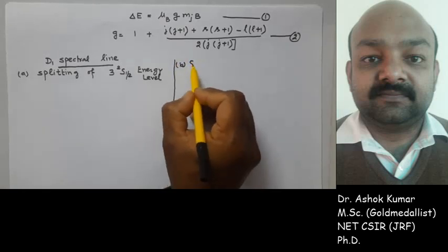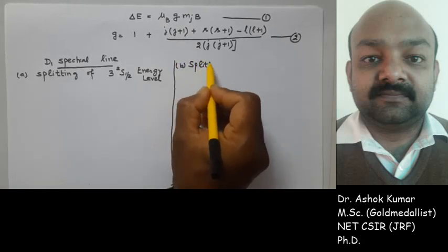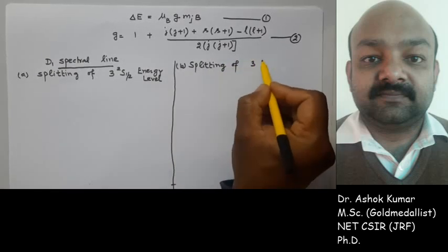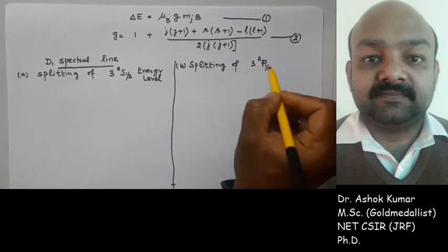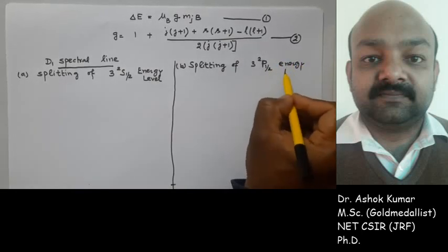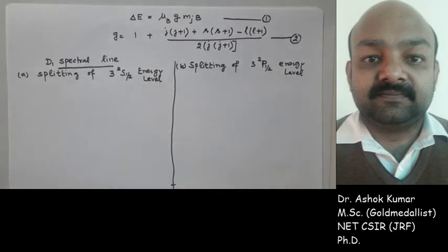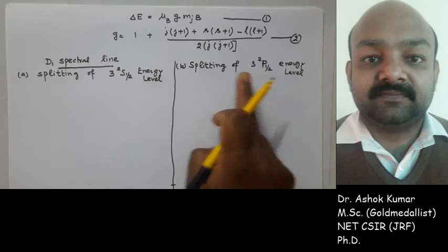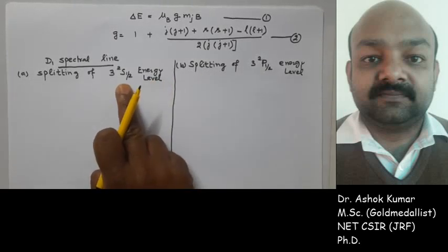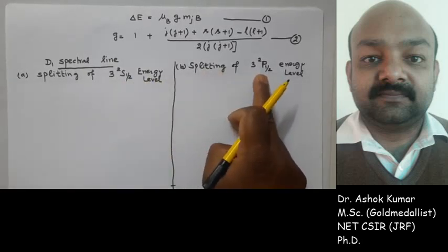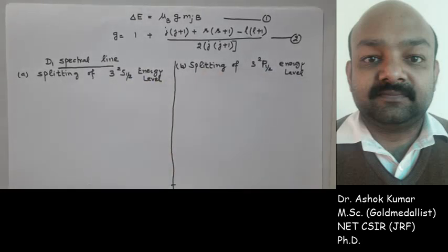Second part, splitting of this energy level. As the D1 spectral line is a transition from this energy level to this energy level, when we apply a small magnetic field, the splitting of these energy levels changes and we get some extra spectral lines.